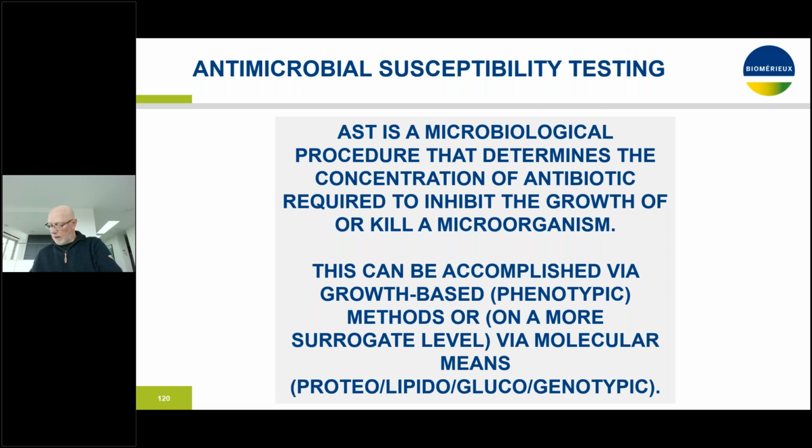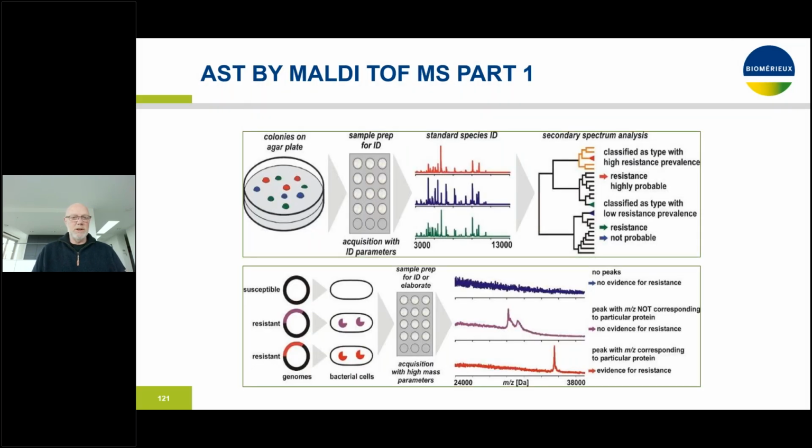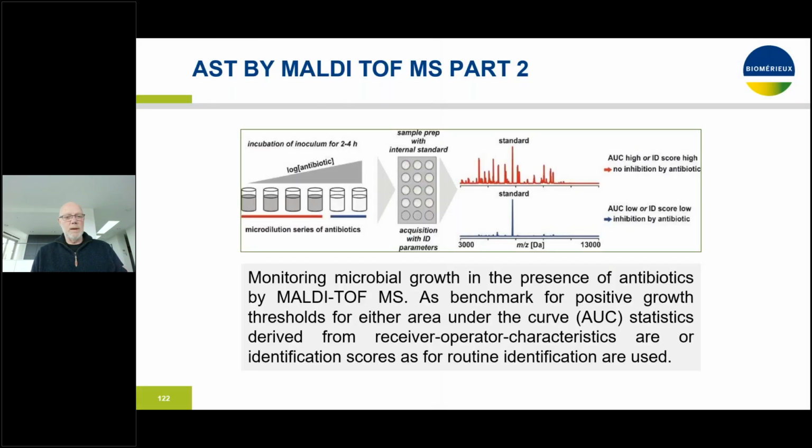This is where I want to come back to the second part of clinical diagnostics, the antimicrobial susceptibility profiling. I'm not going to repeat the definition. I'm not going to explain because that has been done before by Dr. Oviano, the different mechanisms that you can use in mass spec to detect resistance factors.